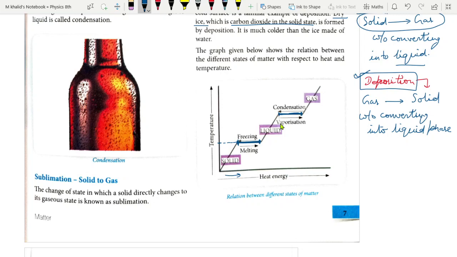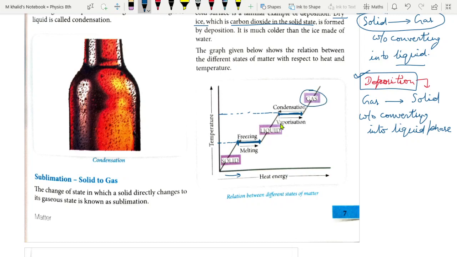Till the whole liquid is converted into the gaseous phase, its temperature will again remain constant. And if we keep raising the temperature and supplying heat, it will become a full form of gas.